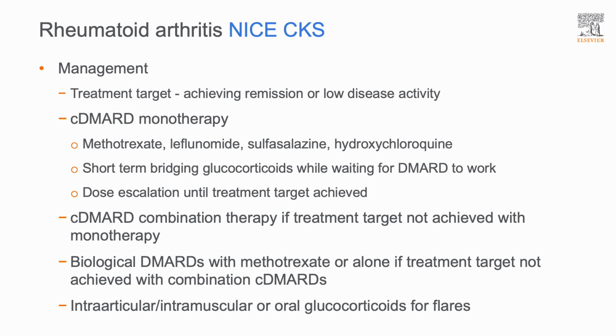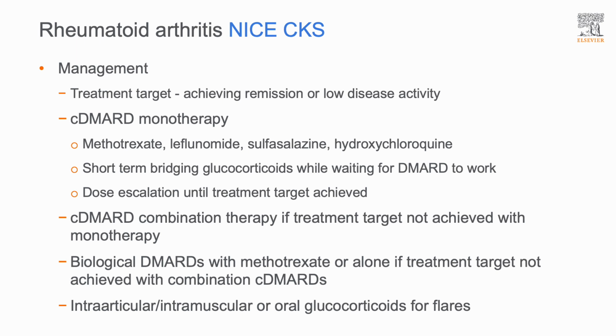Management of rheumatoid arthritis involves treating to the target of achieving remission or low disease activity. First line is conventional disease-modifying anti-rheumatic drug monotherapy, typically with methotrexate, leflunomide, sulfasalazine or hydroxychloroquine.